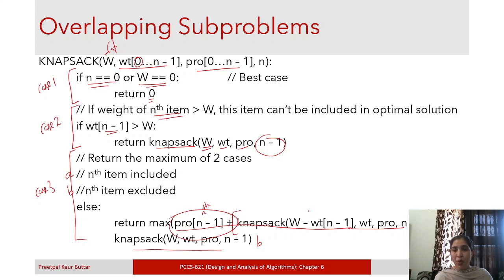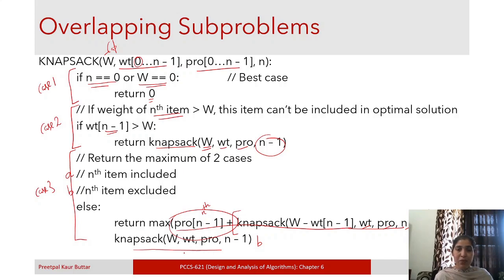Why? Because you have picked that item. Now your capacity of the knapsack will decrease by the amount equal to the weight of that item. So W minus weight of nth item. Okay, you will pass the weight array, you will pass the profit array and the remaining number of items. After picking nth item, the remaining items are n minus 1. Okay, so this is the case A.